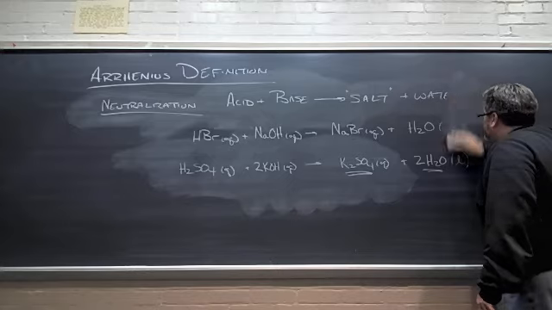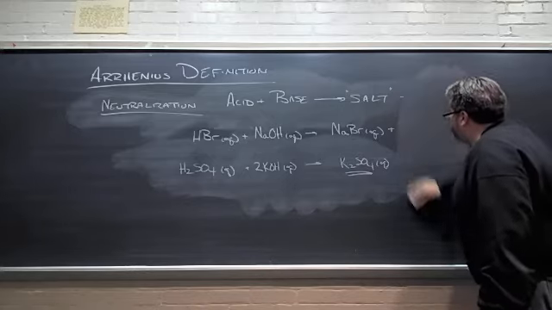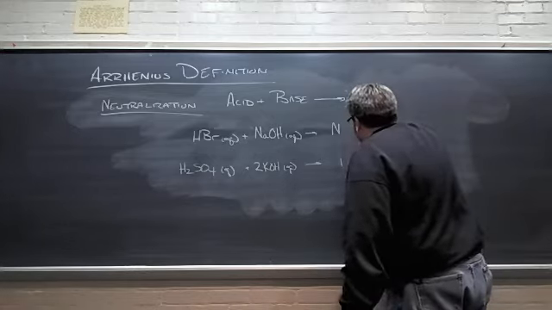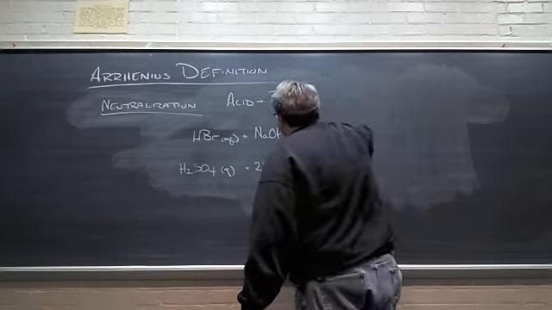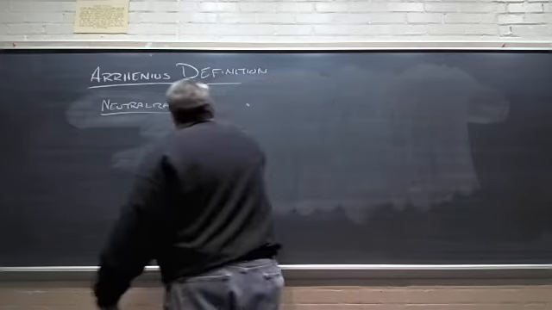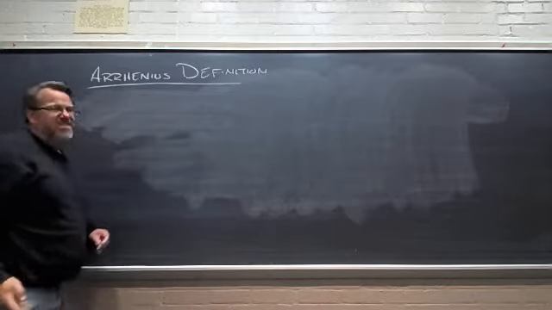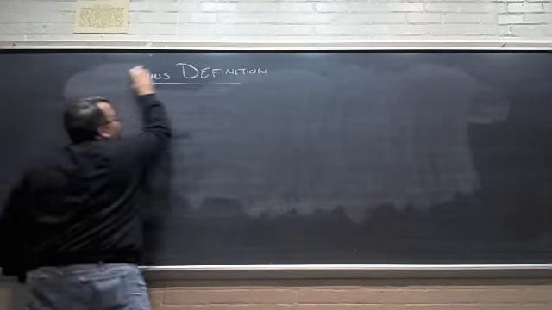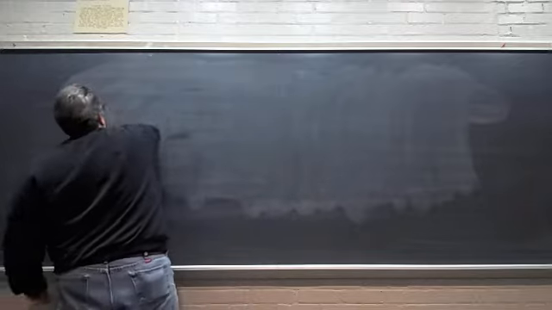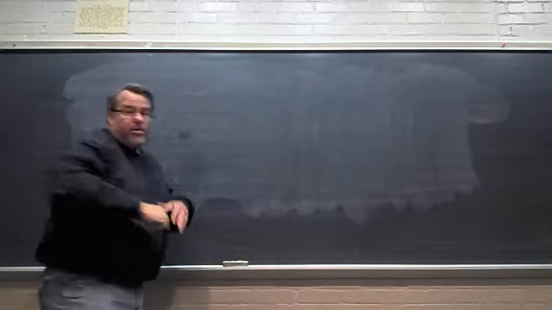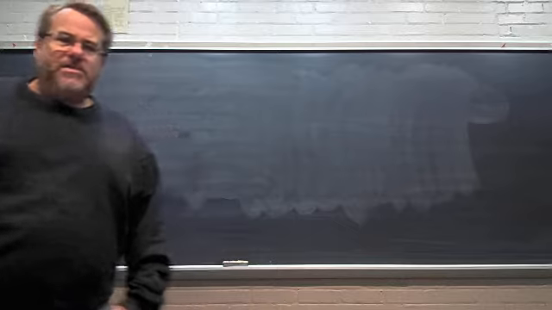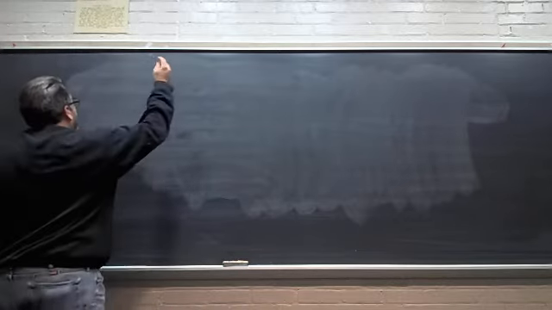Like I said, that's probably what you were introduced to in high school. If you had AP chemistry in high school, then you may have also seen the second definition. This definition is a little bit broader than the Arrhenius definition, and it tends to work a little bit better for many cases.